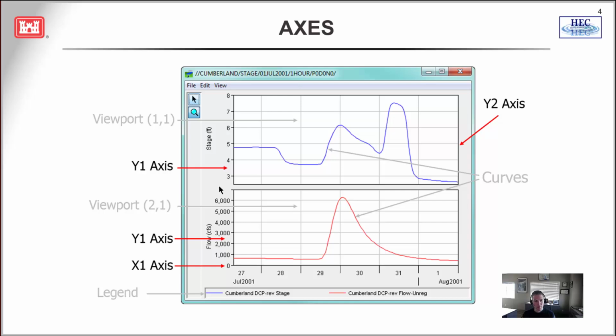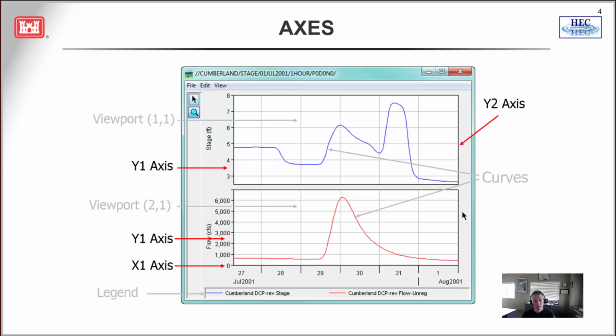For the bottom viewport, we have flow data. You can see the scale for the data being plotted here. Also, the x-axis along the bottom, for most data sets, is your time component. For time series data, the time is shown on the x-axis.